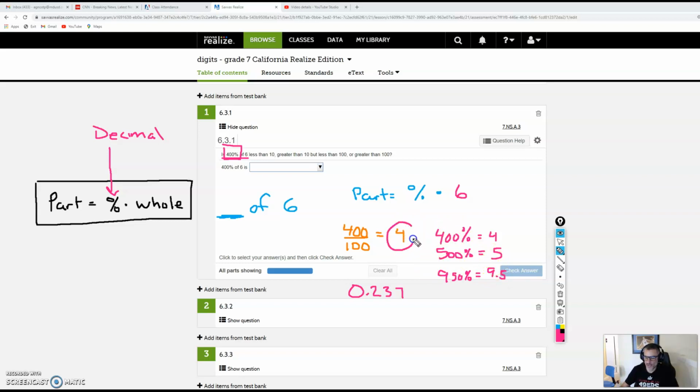In our case, we have to take this 4 and plug it in. So I'm going to erase this percent symbol and put 4. This will tell us the part. This will tell us what number is 400% of 6. Well, 4 times 6 is 24.